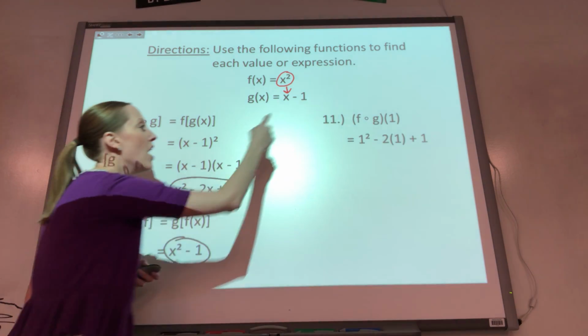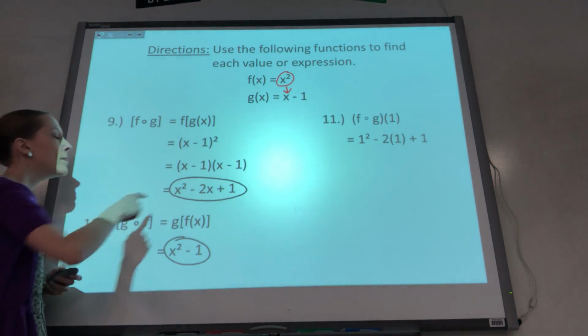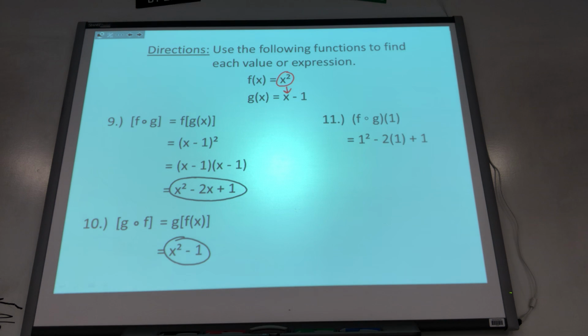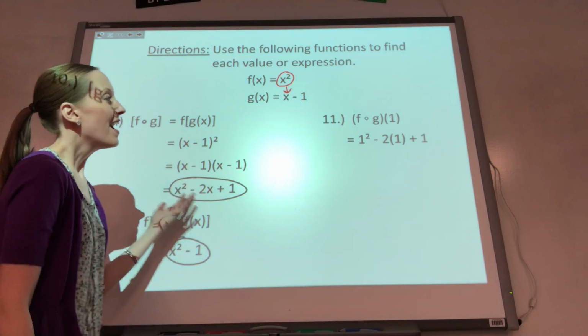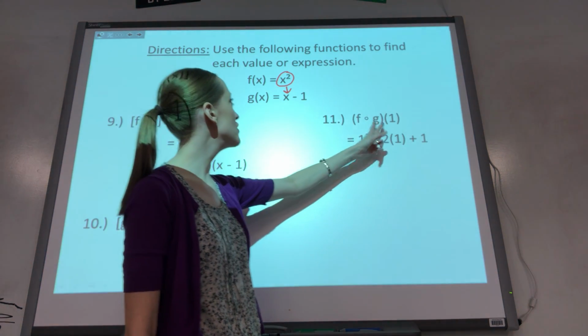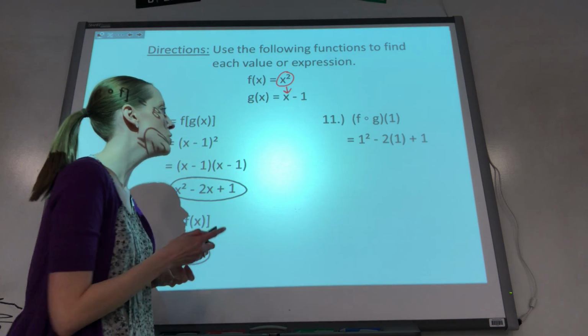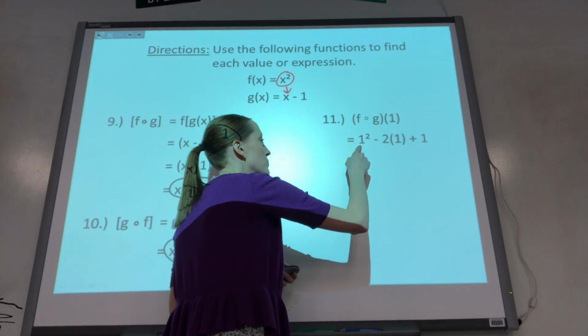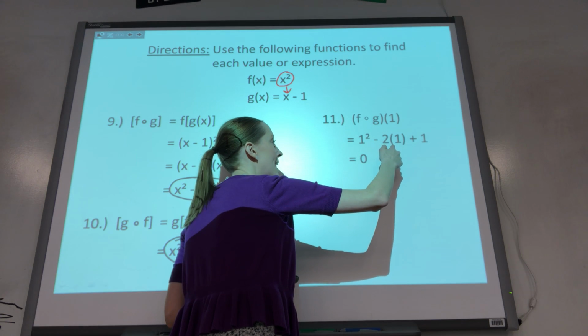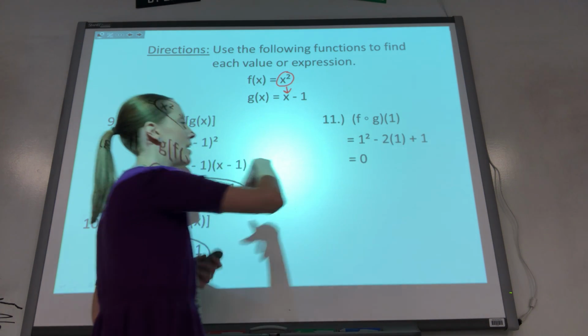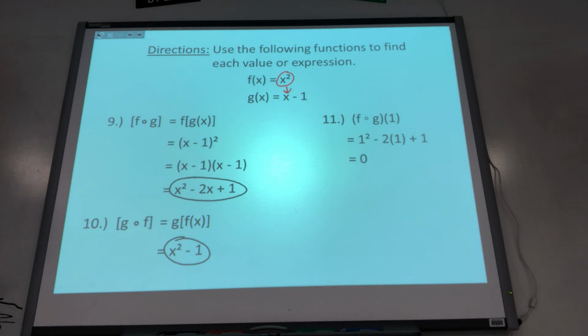Let's just say 1 squared minus 2 times 1 plus 1. That's probably the easiest way to do it since we know f of g. Other way to do it is to find g of 1, plug it into f. That actually wouldn't have been too bad either. But this works out to be 1 minus 2 plus 1, which is just 0. And that's what I would have gotten using the other method.